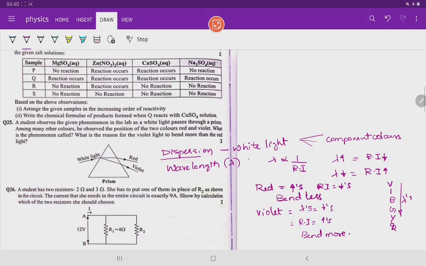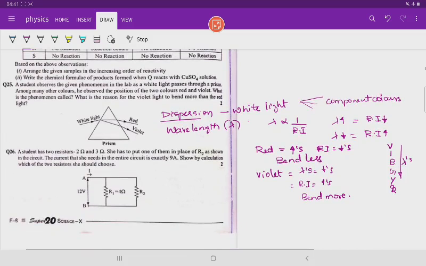Got the reason why violet bends more? Because the refractive index of violet is more than that of red. Why is the refractive index more? Because the wavelength of violet is less than the wavelength of red. So wavelength is inversely proportional to refractive index. Hope you have understood question number 25.